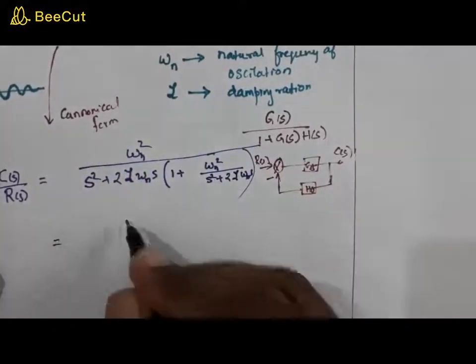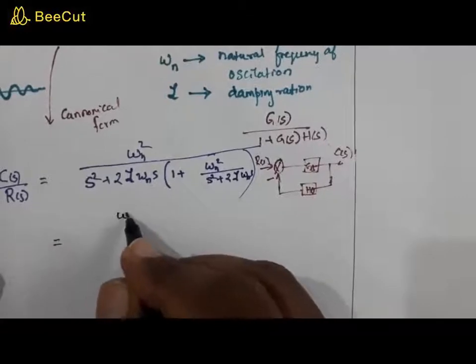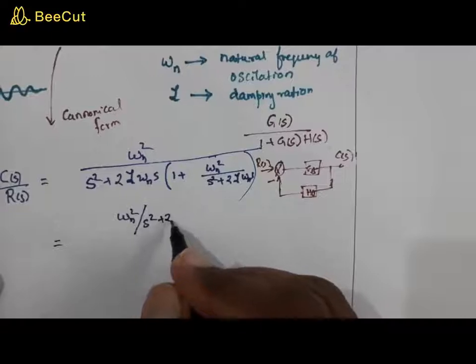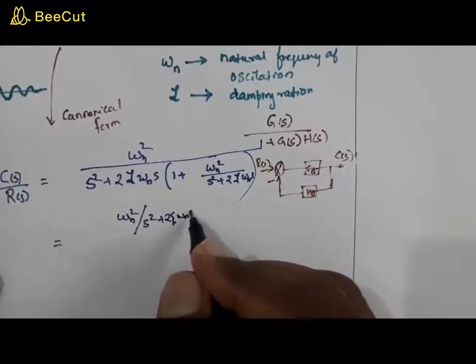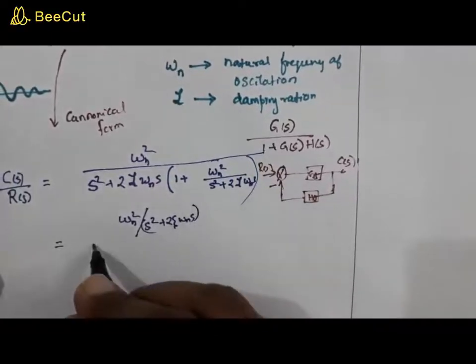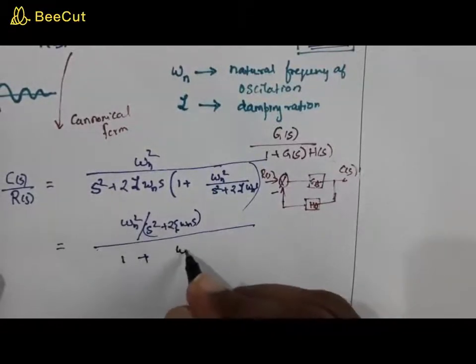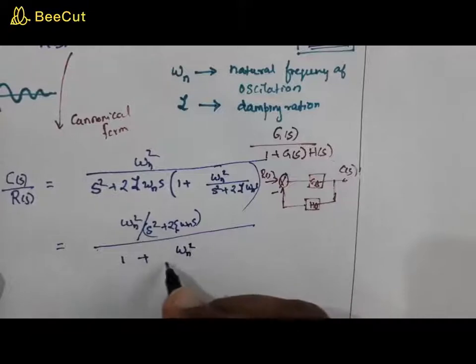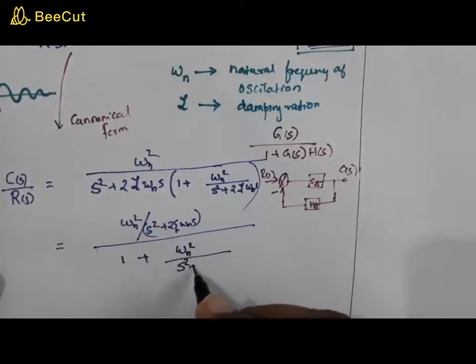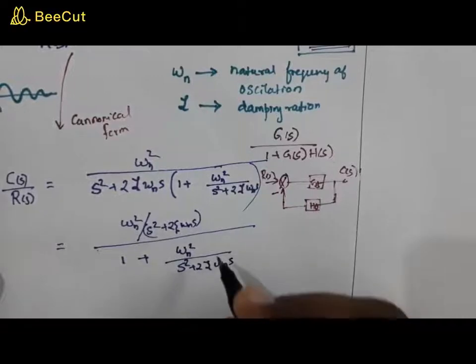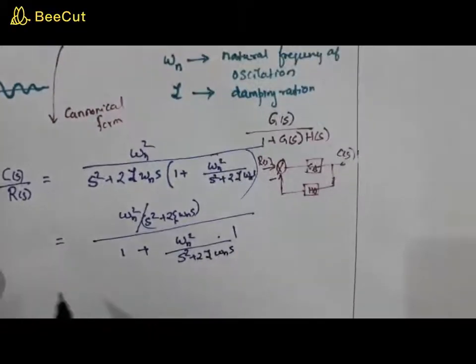Now you can have a reshuffling, that is omega n squared divided by s squared plus 2 zeta omega n s, the whole divided by 1 plus omega n squared by s squared plus 2 zeta omega n s into 1.